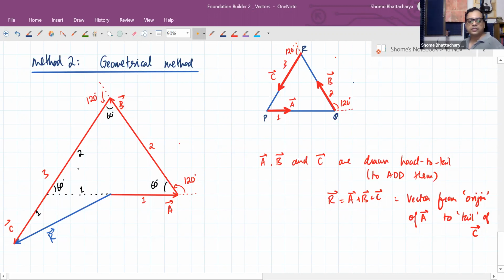So if you look at this smaller triangle now, this is an isosceles triangle, and if you look at this larger triangle here, this was an equilateral triangle. Okay. So we can make use of that.